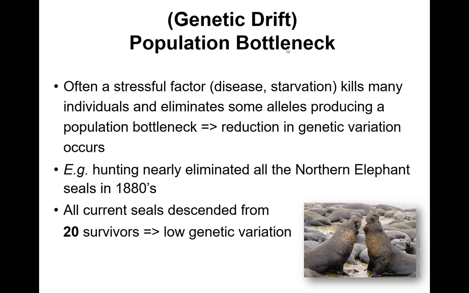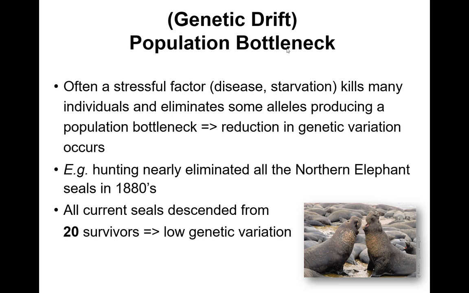The population bottleneck is the effect that you see when a population gets drastically reduced in size suddenly, whatever the reason. It could be a natural disaster or human hunting. This will reduce the population size. Imagine going from 1 million to a few hundred individuals.